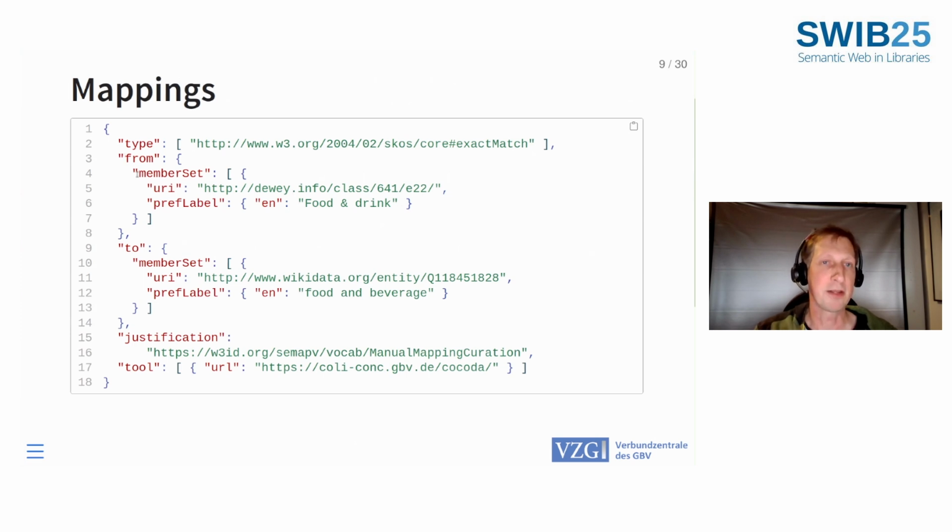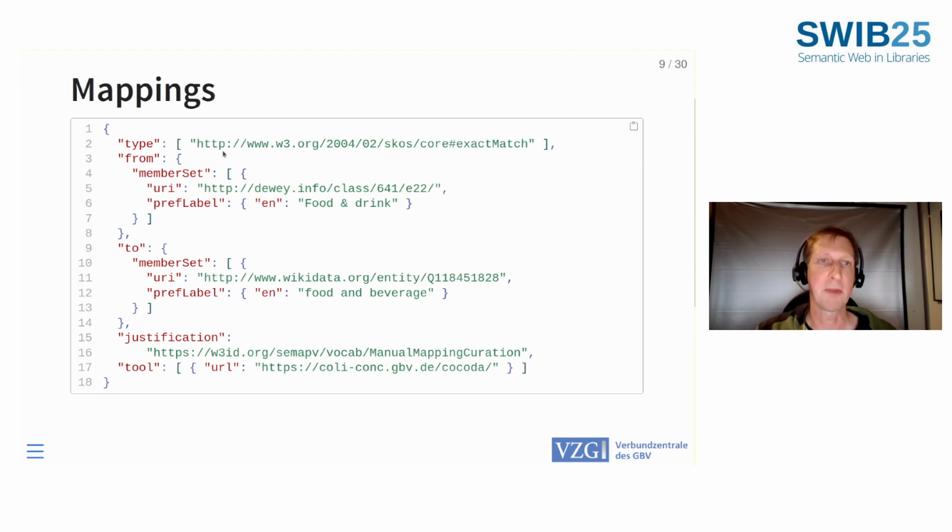There's this field from, then there's the field member set inside from, because we also support many-to-many mappings, not only one-to-one. So we can't do it with a simple triple, but with the participating elements in the mapping. In this example, the class from DDC for food and drink is mapped to food and beverage in Wikidata, and it's roughly the same.